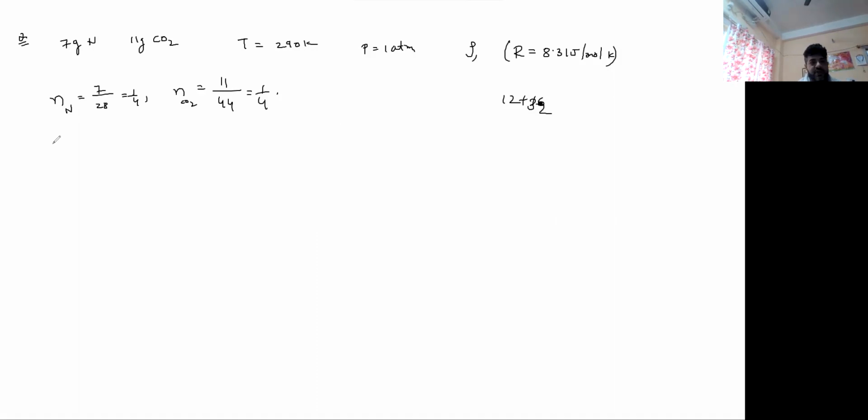Now what is the total number of moles of nitrogen plus carbon dioxide? That is 1/4 plus 1/4, which is 1/2, that is 0.5.